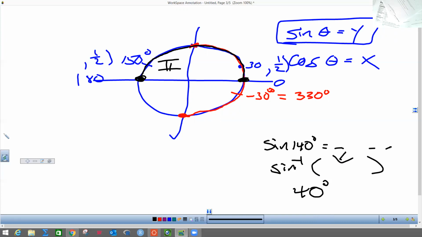Now, what I want you to do right now is the cosine of 150 degrees real quick. We got 0.8660, blah, blah, blah, right?